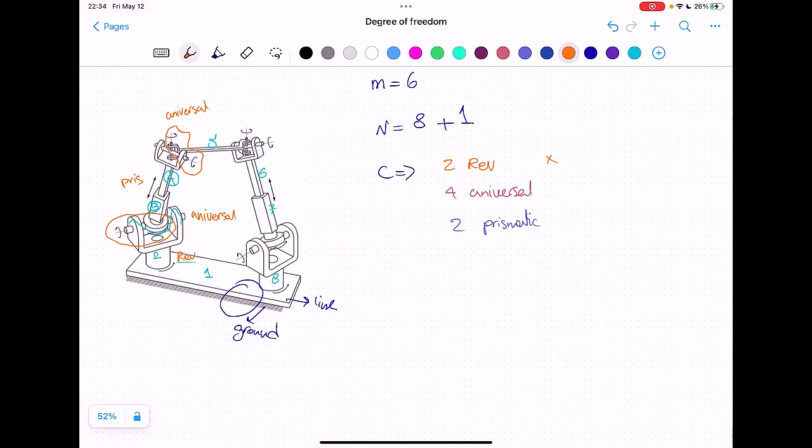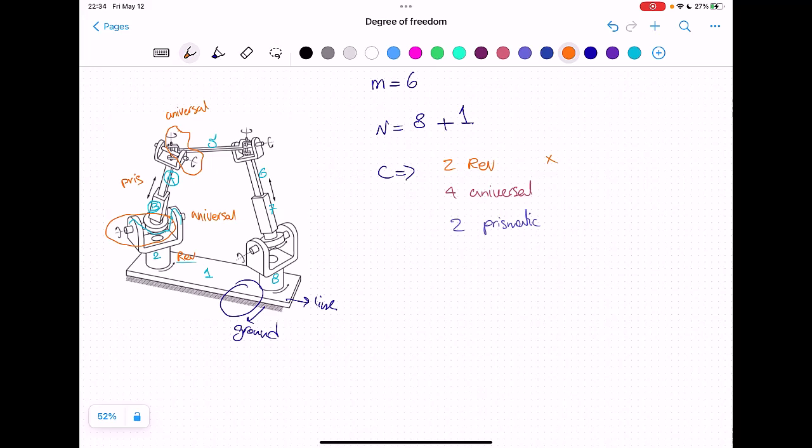In the planar workspace, our revolute joint limits us in just 2 degrees of freedom. A revolute joint gives us 1 degree of freedom and limits us in another 2 degrees of freedom.